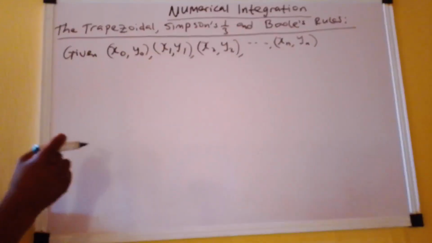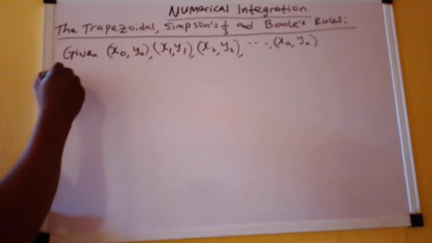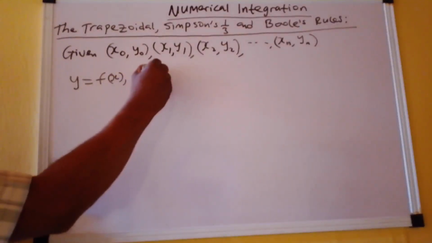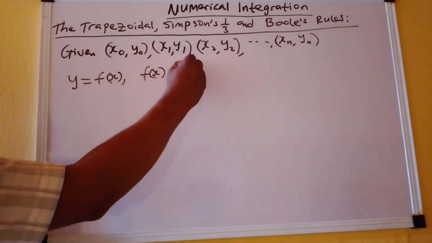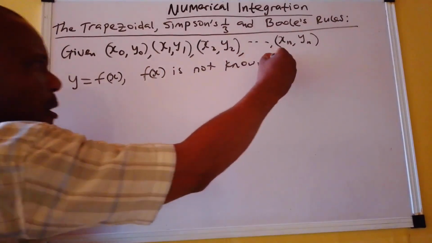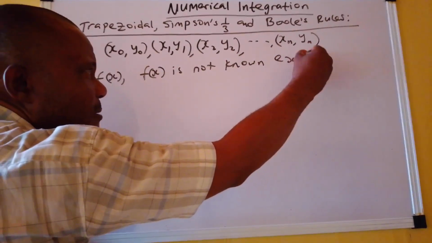These data sets or data points are of the function y is equal to f of x, where f of x is not known explicitly.